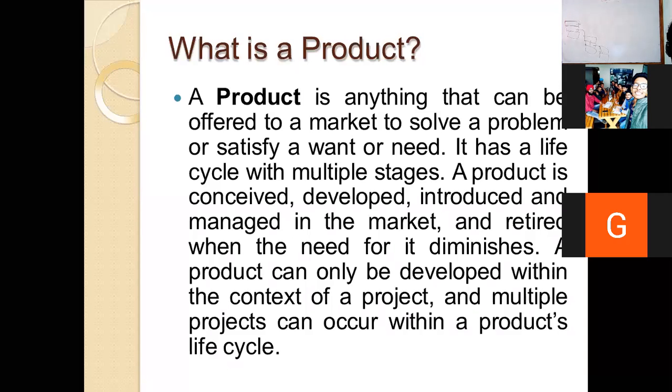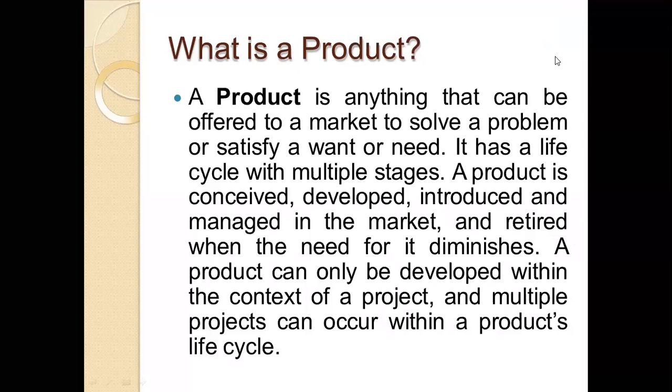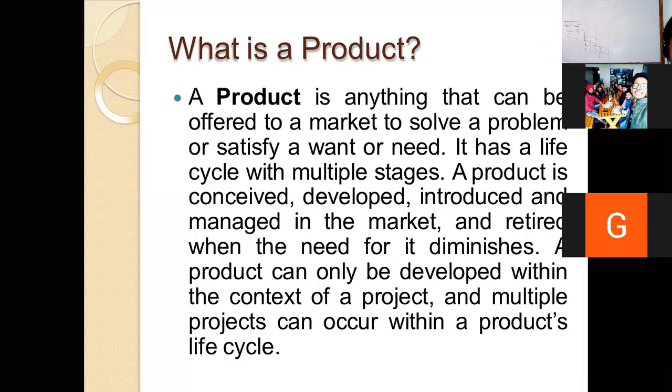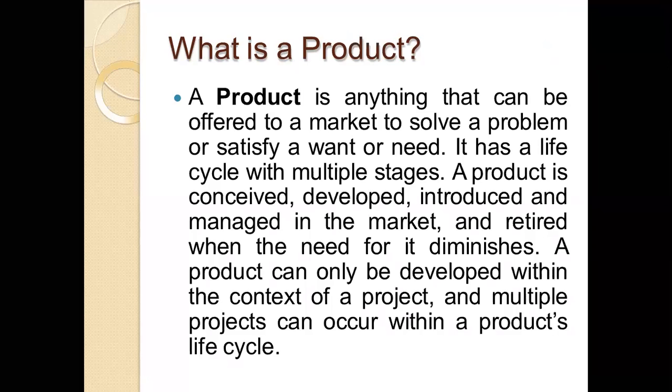What is a product? A product is anything that can be offered to a market to solve a problem or satisfy a want or need. It has a life cycle with multiple stages.